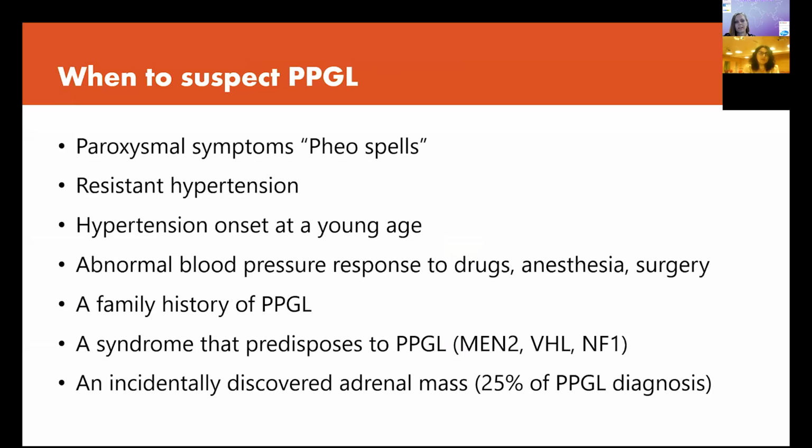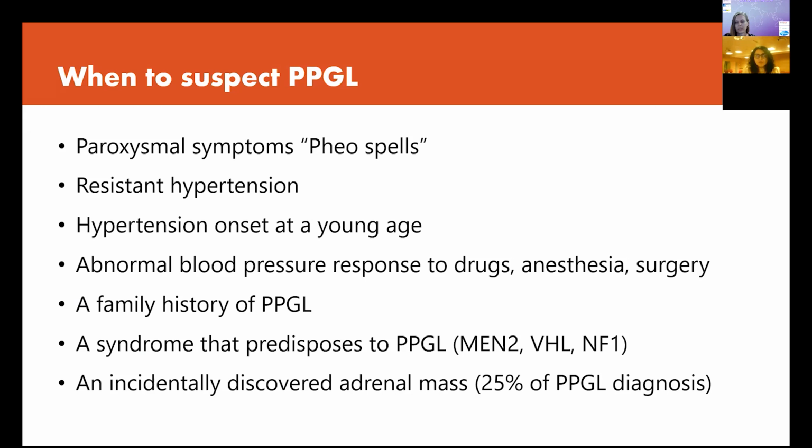Hypertension at a young age, abnormal blood pressure in response to drugs or anesthesia or surgery, family history of PPGL. I will stress this point later on. A known syndrome in the patient or first-degree family member that predisposes to PPGLs.